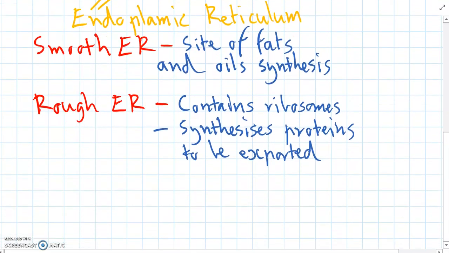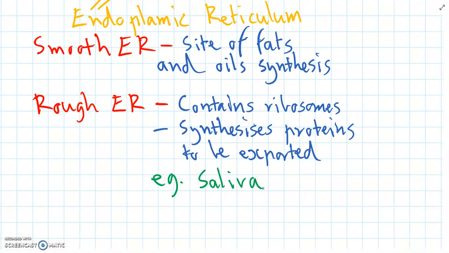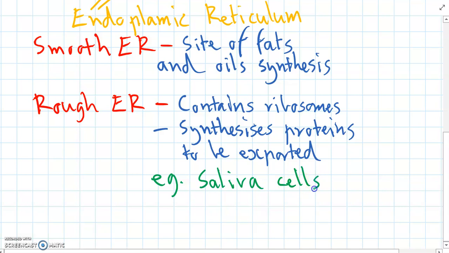And cells that are glands have lots and lots of rough endoplasmic reticulum. For example, a saliva gland. It's going to be making lots of protein that it needs to put into our saliva. So saliva cells will have lots of rough endoplasmic reticulum.